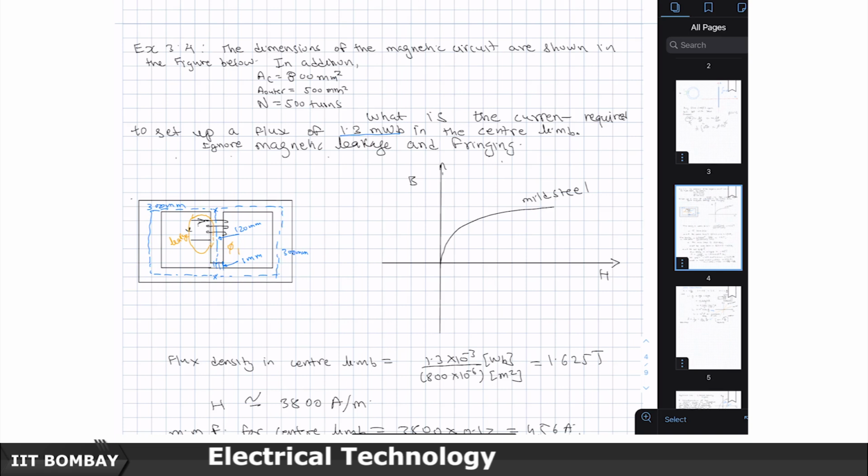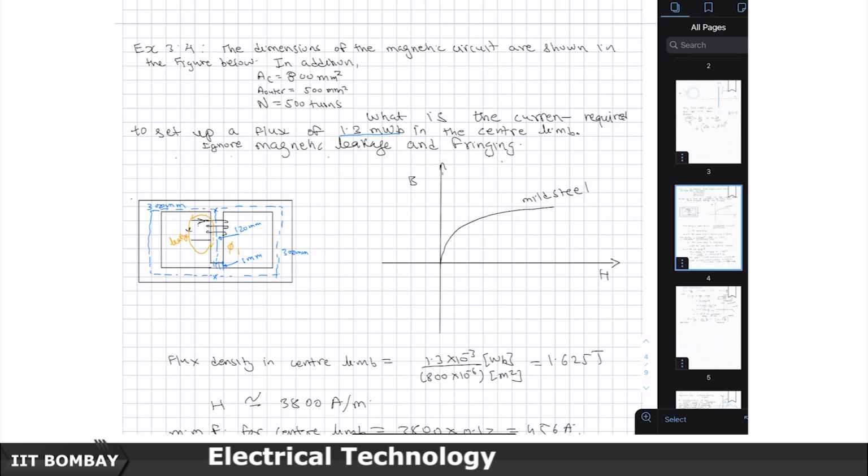Now, the central section has an area of cross section of 800 square mm, and the other outer sections have 500 square mm, and the number of turns is 500, and I want to set up a flux of 1.3 milliweber, that is 1.3 into 10 to the power minus 3 Weber, in the central limb, and that flux is obviously going to also pass through the air gap.